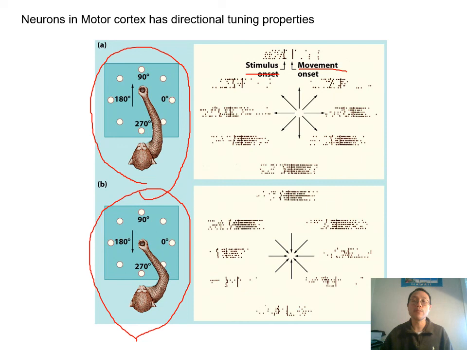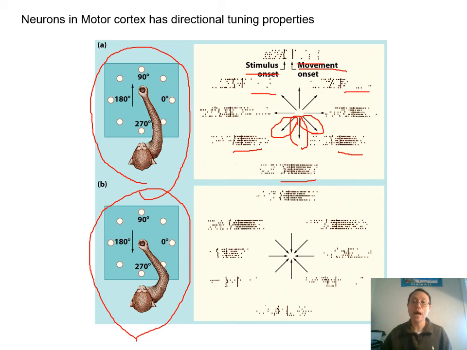When it's going from the center to the periphery, for anything involving a downward action, such as this and that, this neuron fires a lot in the movement onset phase. But in the opposite direction, such as the arm moving up, you don't see that much activity in the movement onset phase.